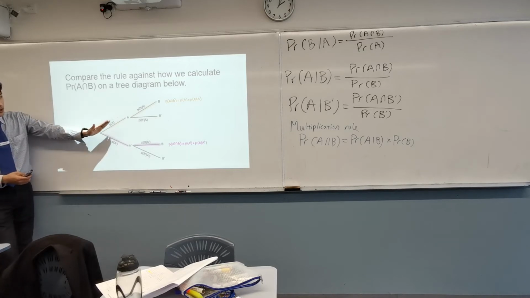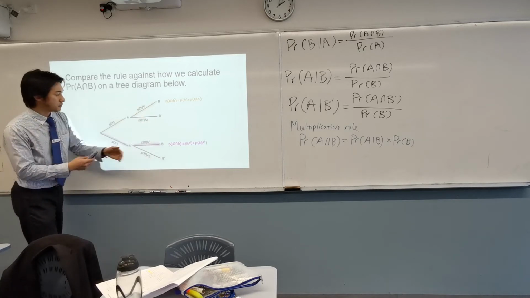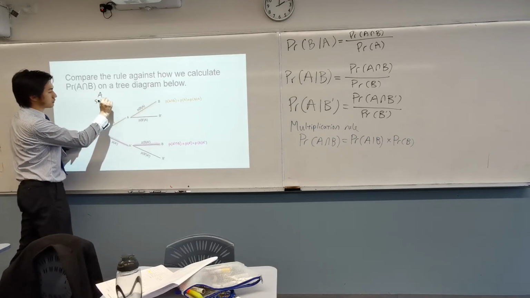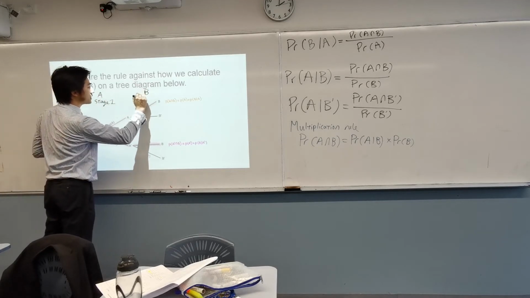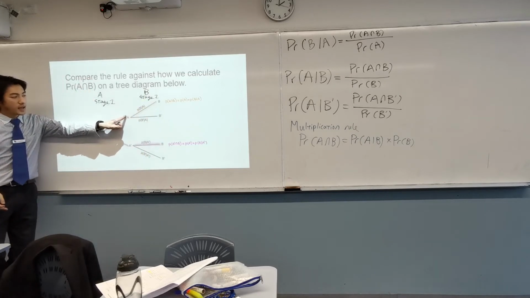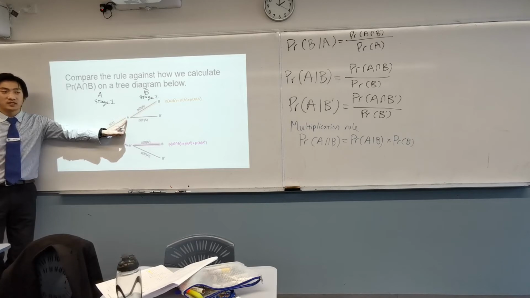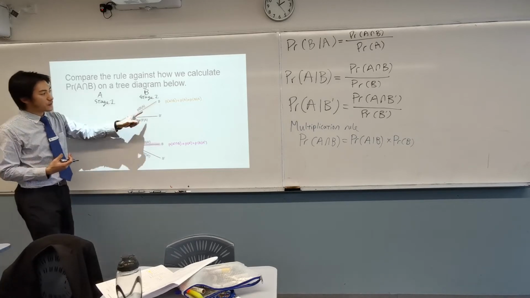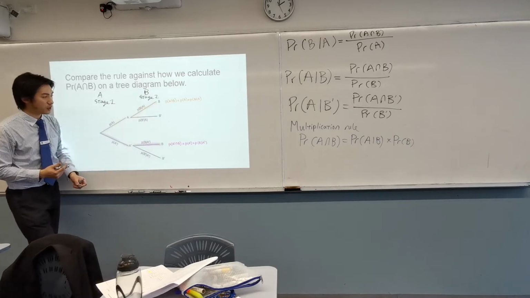On a tree diagram, you list out your different stages. So A is stage 1, and B is stage 2. The event that happens in stage 1 can happen or not happen, and the event in stage 2 can happen or not happen as well.